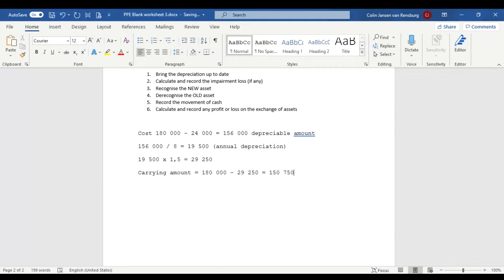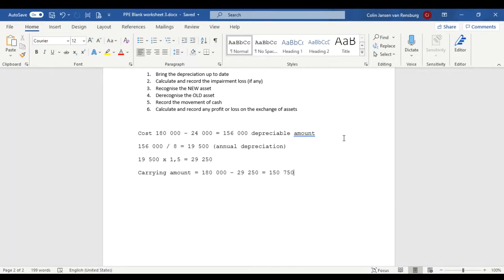So the carrying amount of the vehicle that we are giving up, that we are going to use as partial payment for the acquisition of this new asset, is 150,750. Okay. So, ladies and gentlemen, just to summarize, we haven't got the fair value. The first step that we would have done is to see whether we can determine the purchase price by what we pay for it.